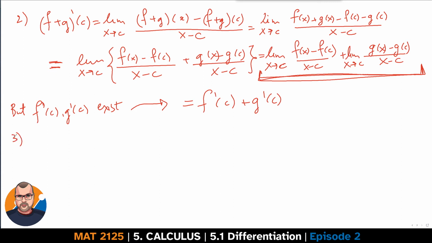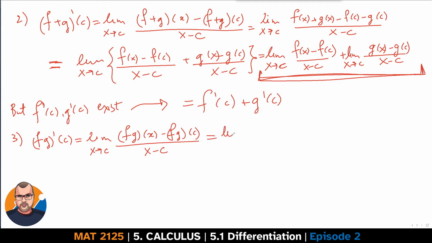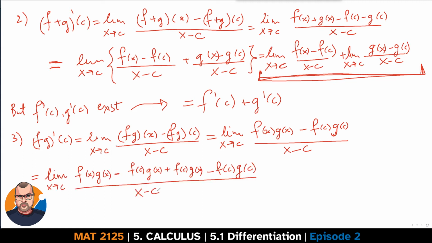For the product, same sort of idea. What would be the derivative of the product of the functions f and g at c? Well, if the limit exists, it would be this limit that you're interested in. I'll rewrite the products, and then we use a trick that we very often use. We're going to add 0 to the numerator so that we don't actually change the value, but we write 0 in a very specific way: minus f at c g at x plus f at c g at x.